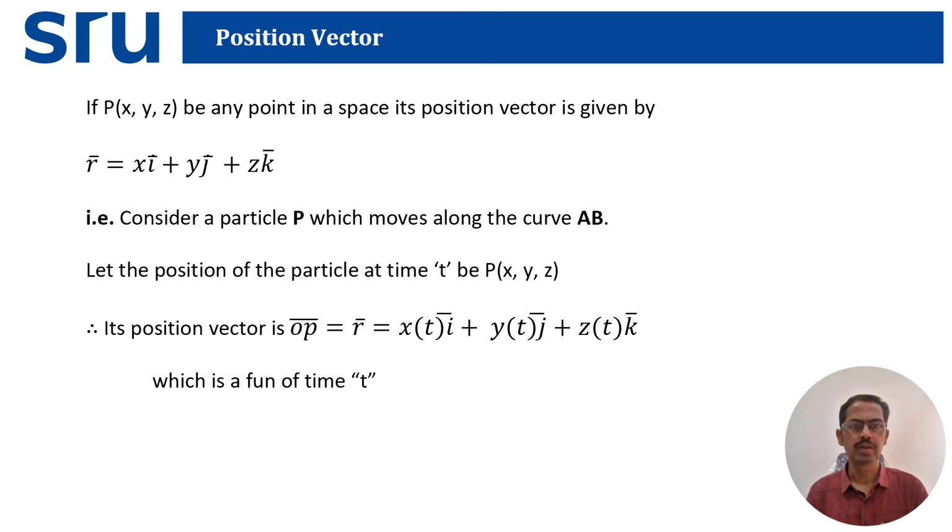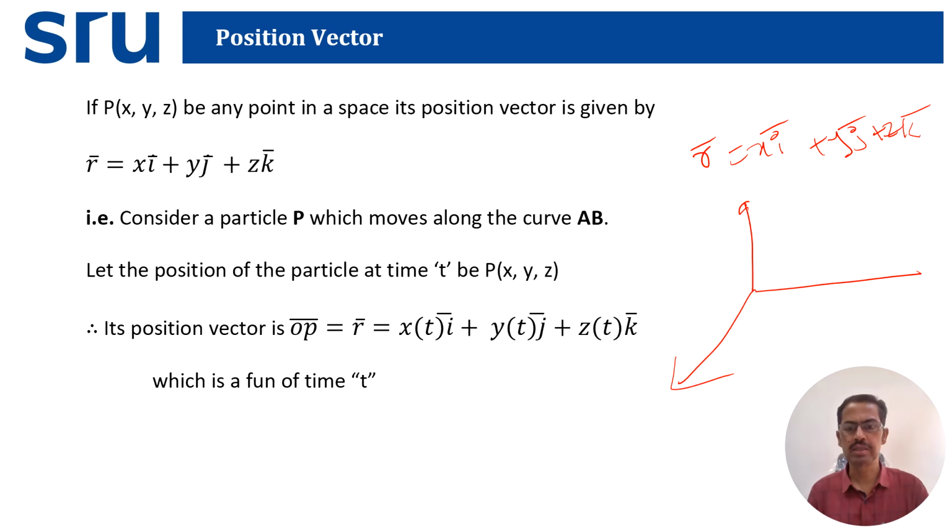If P(x, y, z) is any point in space, its position vector is given by R bar equal to x i bar plus y j bar plus z k bar. This is three dimensions.